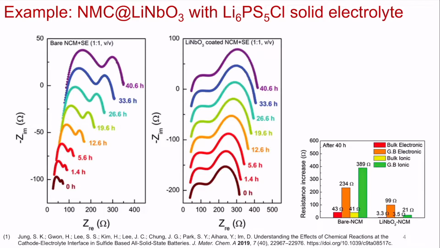So the electrochemistry, just the impedance so far, not even galvanostatic cycling, no current, nothing. You're basically just measuring the impedance, the response to the AC signal, and you can already see just sitting there and waiting that there's an indication of chemical instability already, okay?